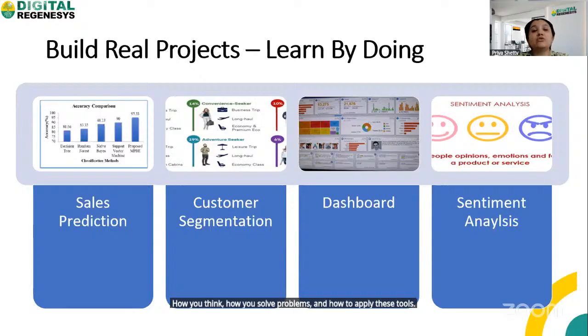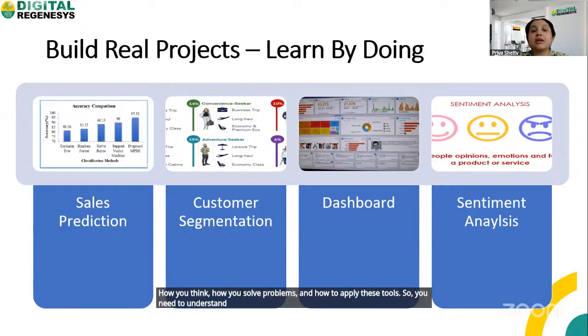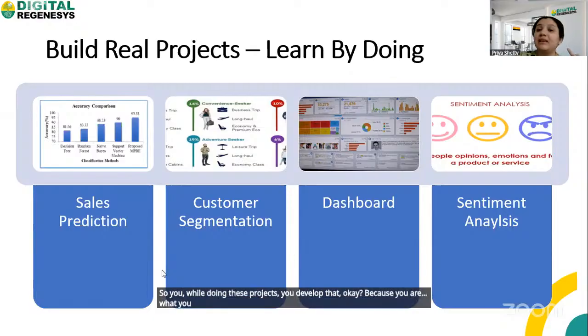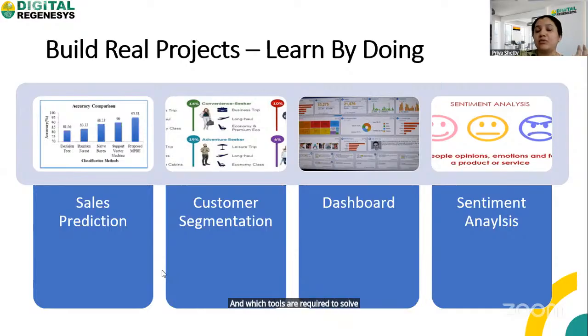This is very important: recruiters will not just see your certificates, they want to hire skills. While doing these projects, you develop that. You will be trying to solve the problem, you will learn the technique of how the programmer thinks, how to solve that particular problem, and which tools are required to solve it.